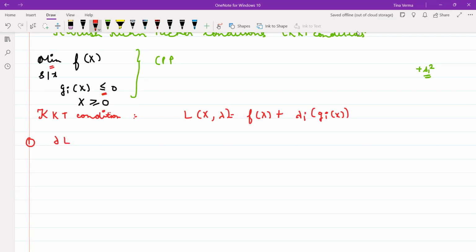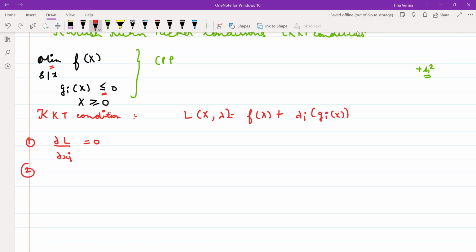You take the partial derivative of L by partial x_j, and it should be equal to 0, because whenever we have to find the points, the necessary and sufficient condition for finding the point, like the first derivative test you also did, what did you say? The first partial derivative should be 0. So that means partial L by partial x_j should be 0.